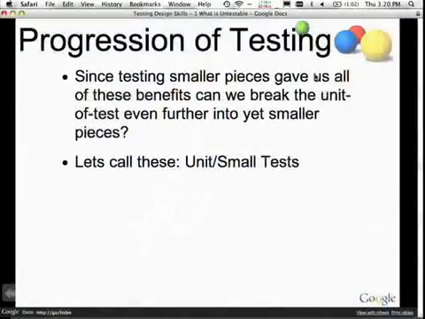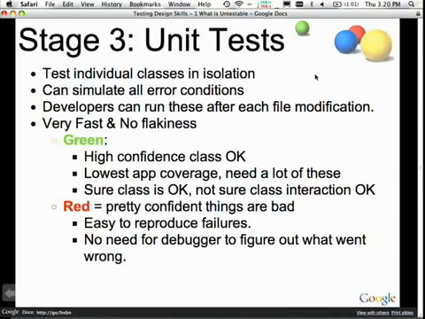So then you say to yourself, wait a minute, if going from large-scale testing to medium-scale testing we got better, maybe we can go further and go down to individual components. And in the world of software, that's individual classes. So instead of testing that the engine works as a whole, maybe I can have individual tests that verify that the piston is of the correct shape, that the oil is present, that the spark plug has the correct clearance, and so on and so forth.